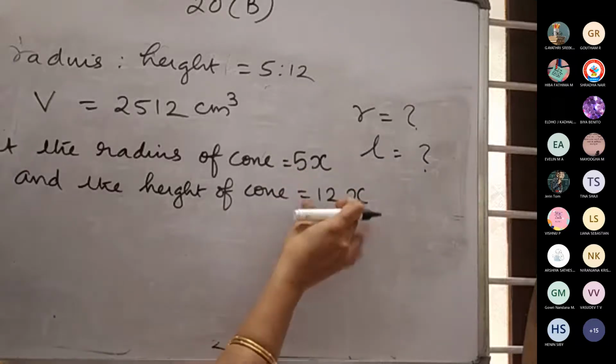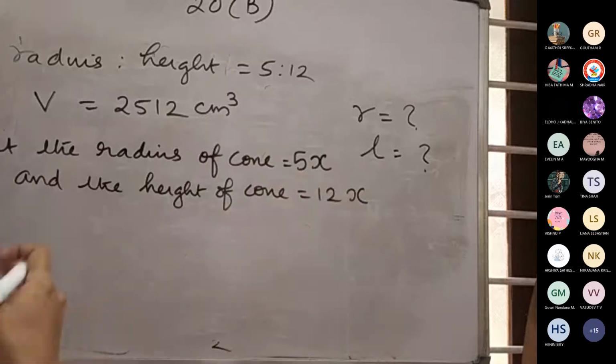It is not 5 centimeter or 12 centimeter. That's why it should be the multiples of that value. We have to find that out.